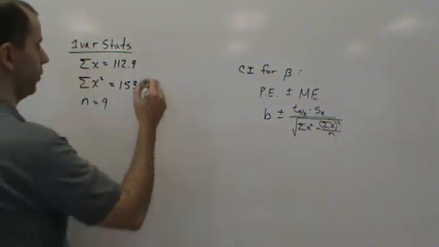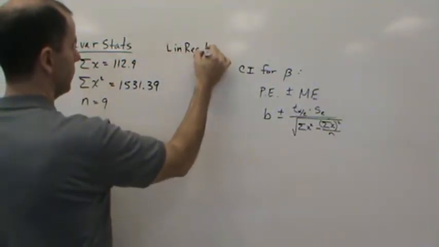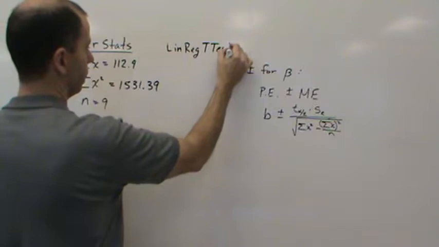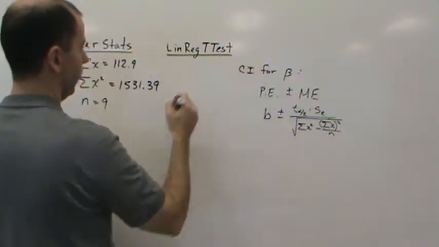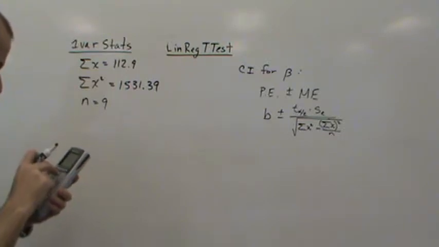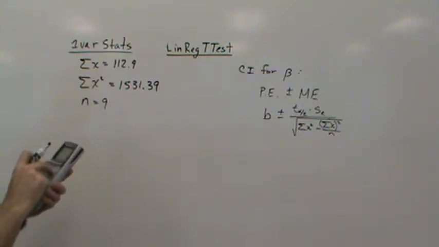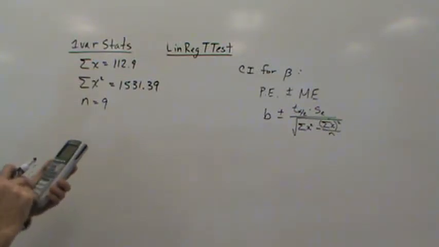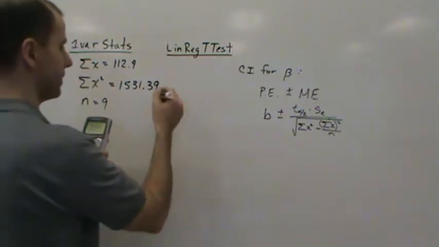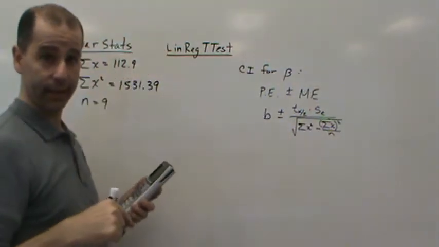So the next thing we're going to do is go to LinRegTTest, under stat tests. LinRegTTest is going to give me my S sub E, which is S in the calculator.